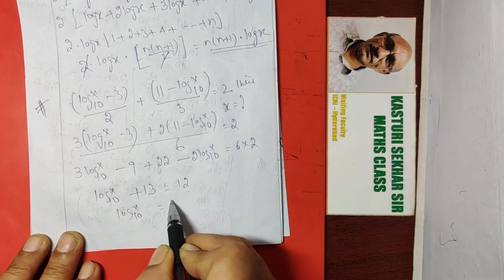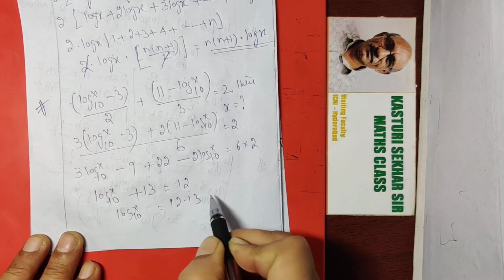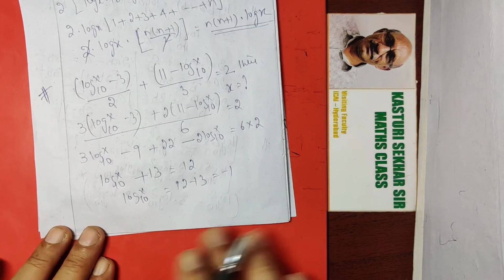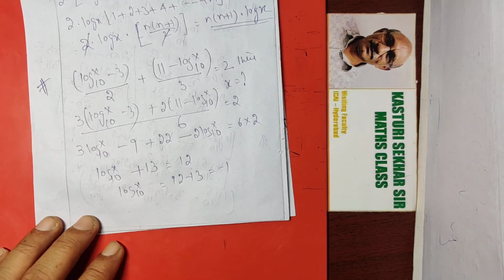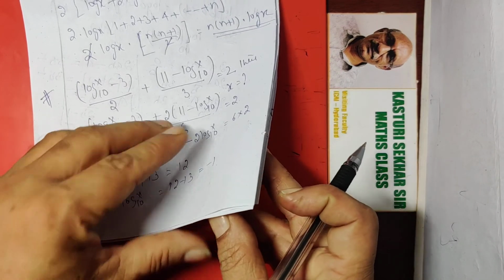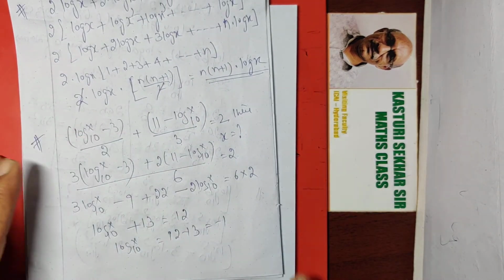Log x to the base 10 is 12 minus 13, that is minus 1. One side we have log, another side constant. So we can eliminate log from the picture.